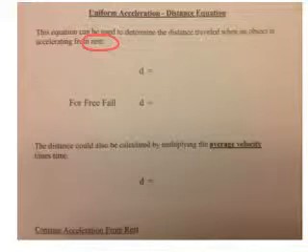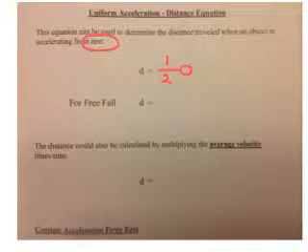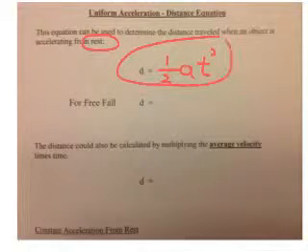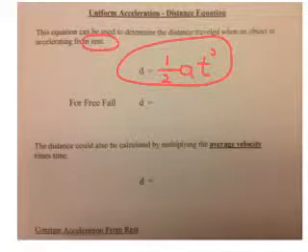As we saw in the accelerating cart on the ramp lab, the distance or displacement graph is quadratic when graphed versus time. The general equation is going to be 1/2 AT squared, where A is the acceleration and T is the time.